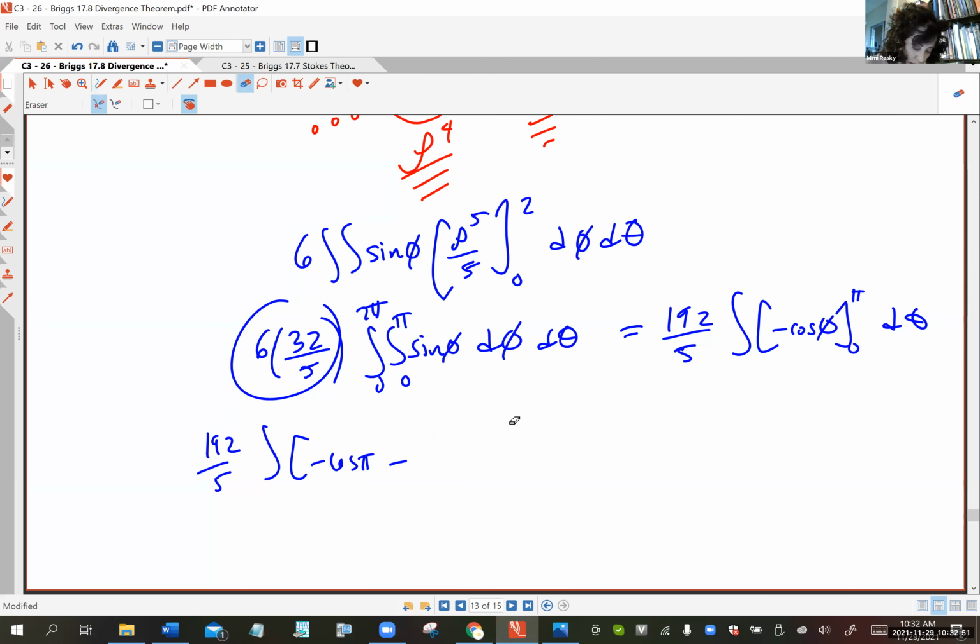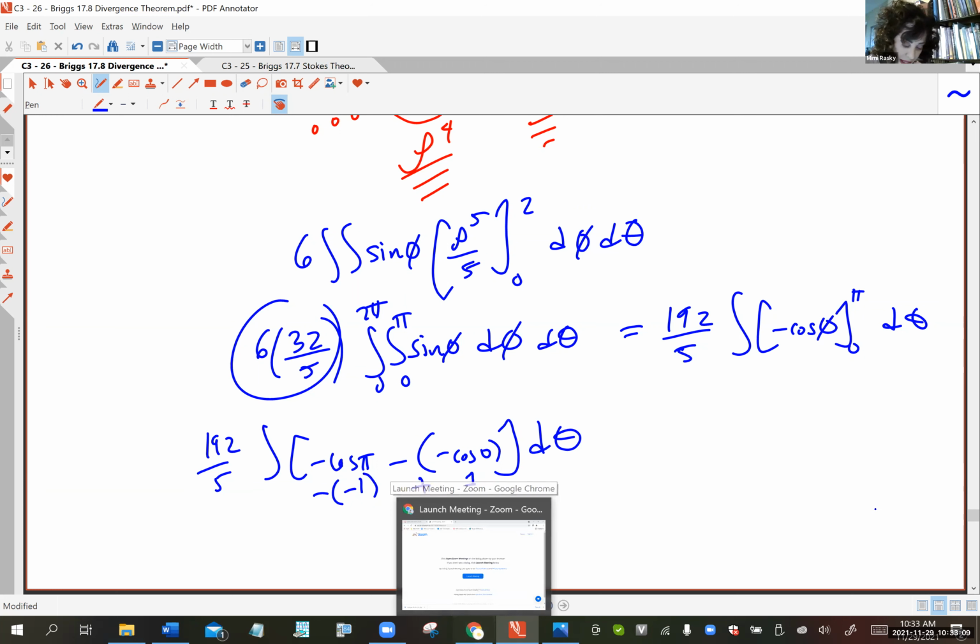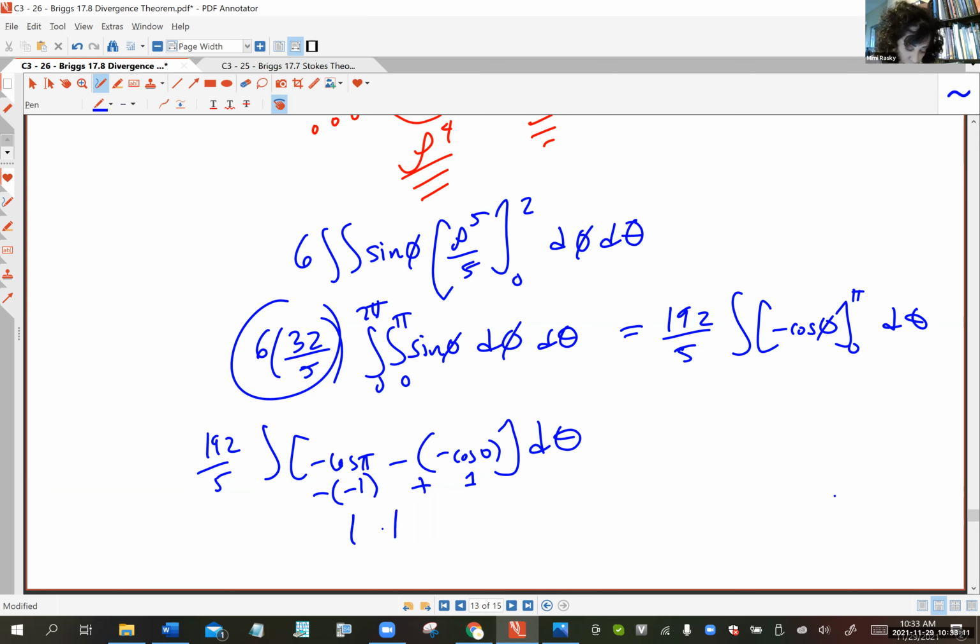Oops, what the heck am I doing? So cos of 0 is 1. So here we have a minus 1, which is plus 1. And cosine of pi is negative 1, but we have a minus minus there. So this is really going to end up being 1 plus 1, which is 2. Hey, great.